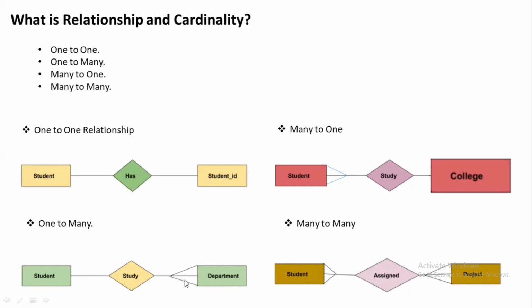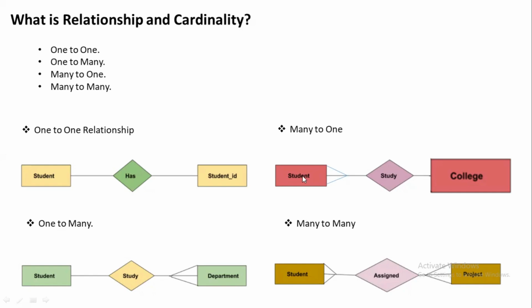It is M, or we can represent it with multiple lines here. Another part is the many-to-one relationship. Here, when more than one instance of an entity is associated with a single instance of another entity, it is called a many-to-one relationship. It is represented with many lines on one side and a single line on the other.